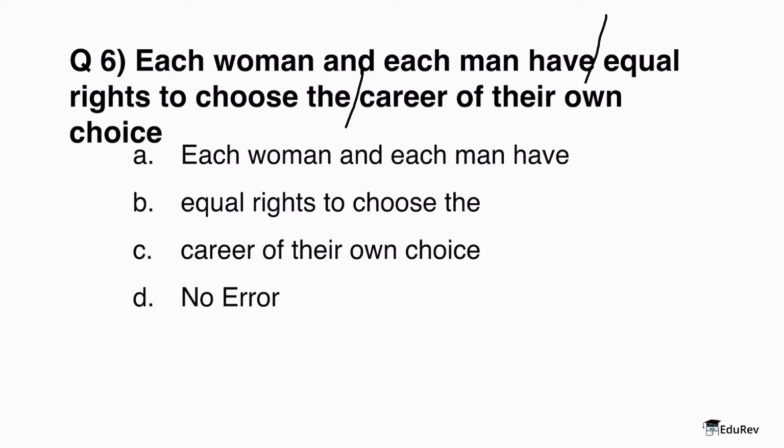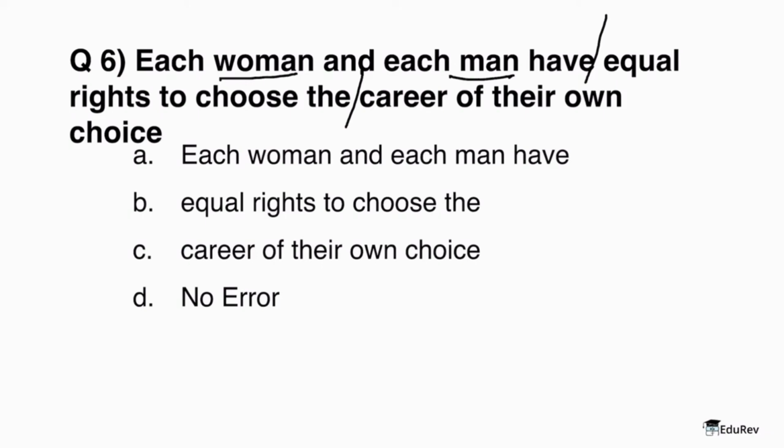Great. So let's again look at it. Here, each woman and each man. Now we need to understand that when two singular nouns, which are woman and man here, are joined by "and", as we learned in the previous video, we treat them as plural. But there is a point.